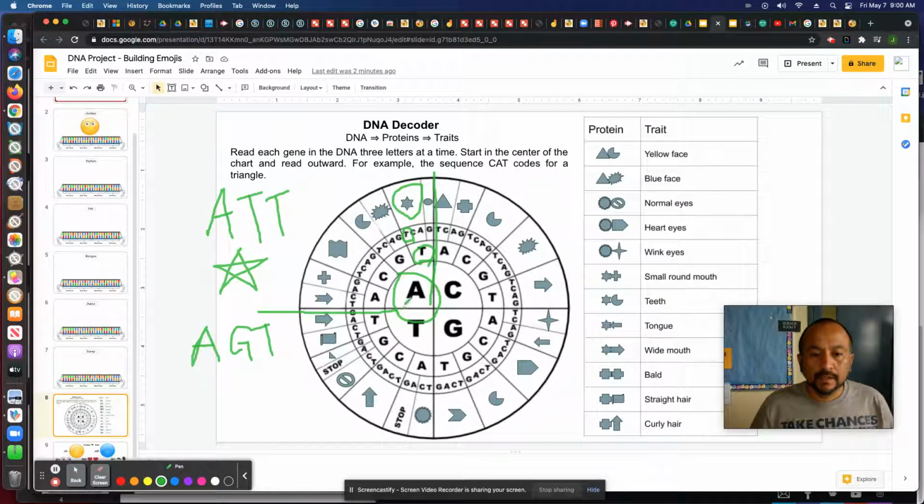A is located here. The G is, well, let me go with a different color. A, G. Now I'm only looking here. T, there it is.